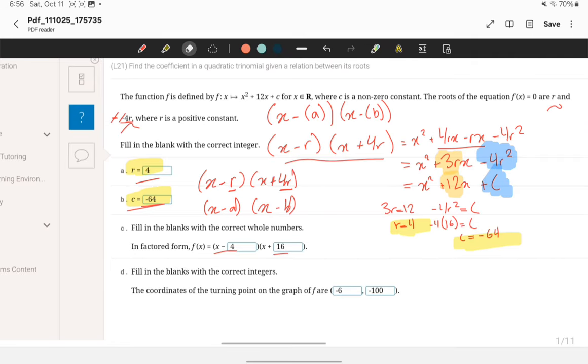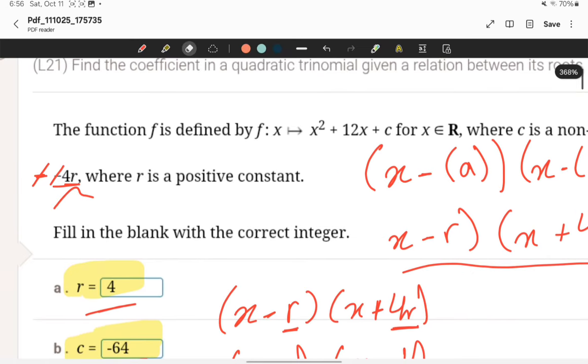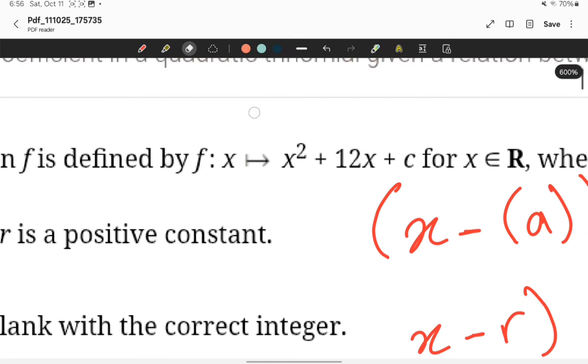Okay, part D. The coordinates of the turning point on the graph of f are what and what. Okay, so when they want the coordinates of a point, we're also going to do the table, the x, y prime and y table. But to use that, we need the original equation, right? So here's our original equation, and we found c already, so I'll rewrite it with our c.